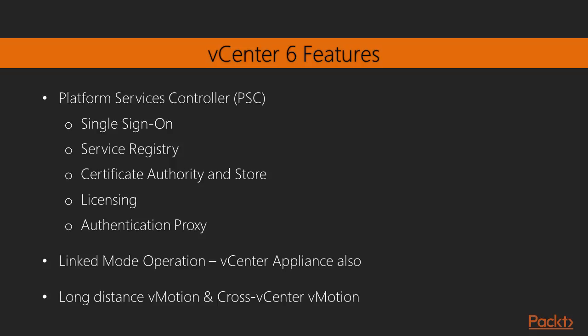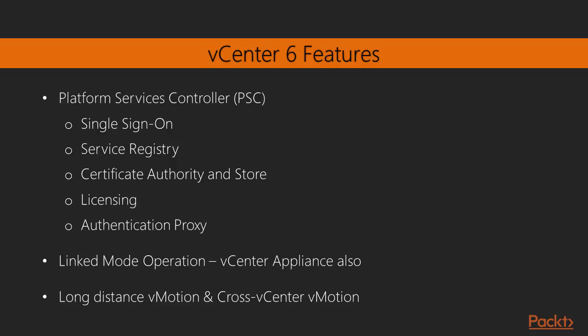The entire architecture of vCenter was changed with an integrated or an external Platform Services Controller that provides standard services such as a certificate authority, so that you don't have this issue anymore of self-signed certificates. There is a certificate authority built into the Platform Services Controller that signs the certificates at the top level.